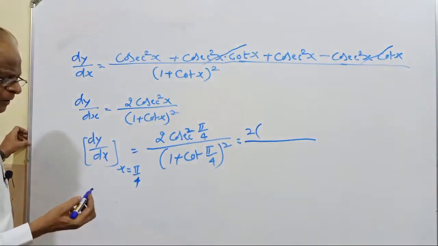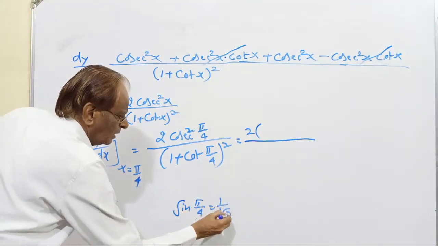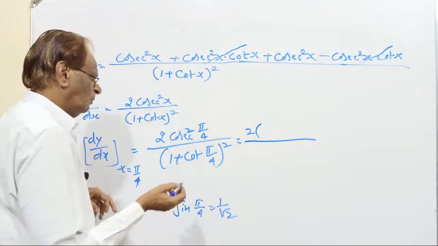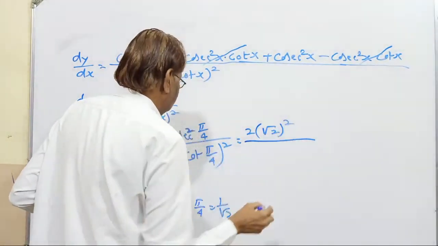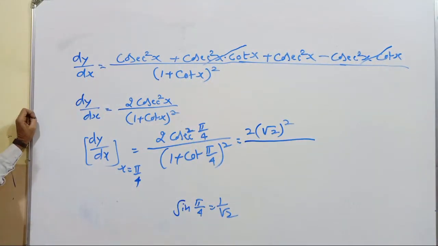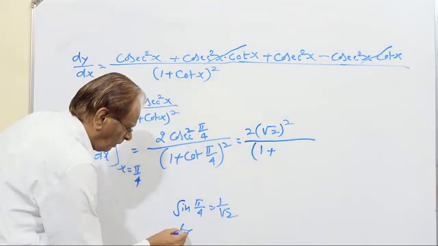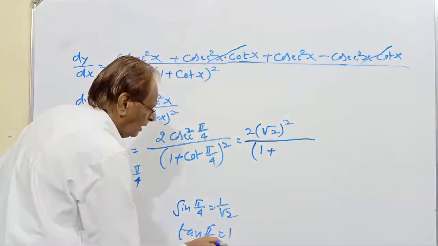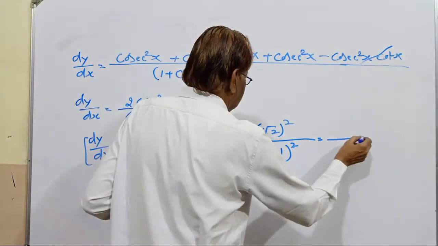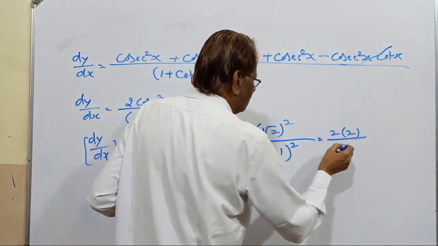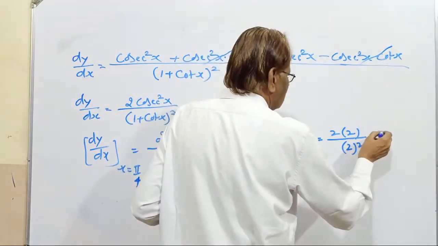Sin pi by 4, that is sin 45, is 1 by root 2. Cosec means reciprocal, so cosec pi by 4 is root 2. Tan pi by 4 is 1, so cot pi by 4 is also 1. Root 2 whole squared is 2, so 2 into 2 is 4, and 4 cancels.